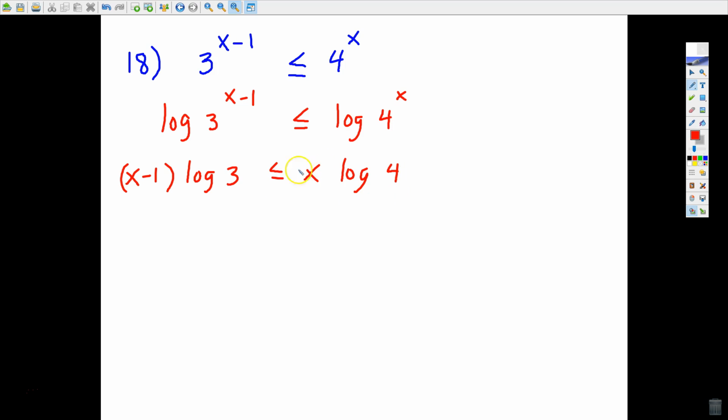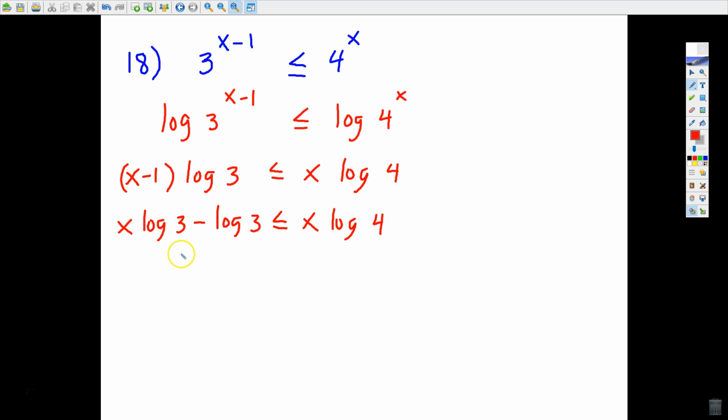Now when the variable, in this case variable x, is on both sides, that's going to require that I distribute log 3 to both of these terms, x and negative 1 essentially. So log 3 times x, x log 3, times negative 1, negative log 3. And so far I haven't done anything other than the power property on the right side.